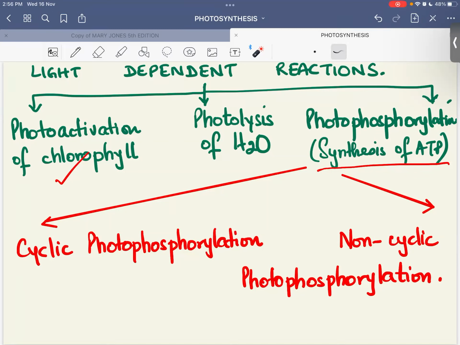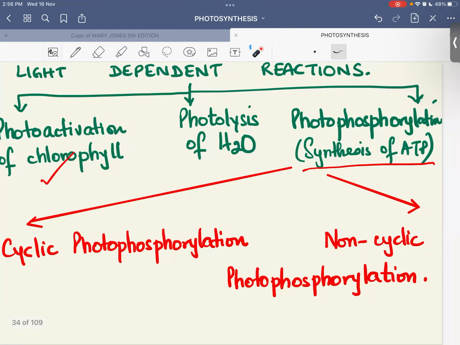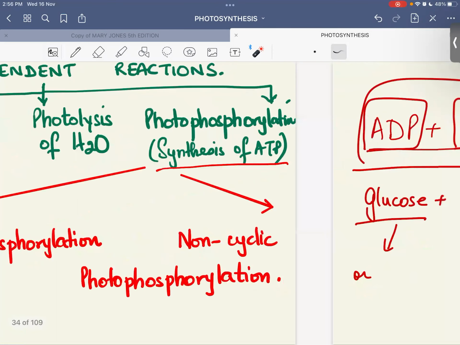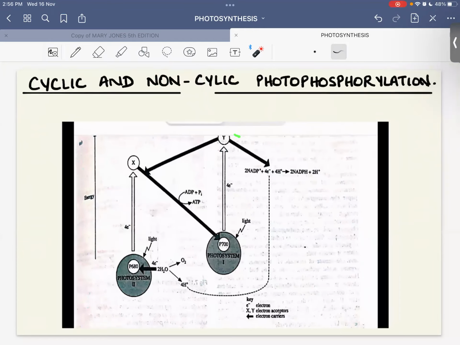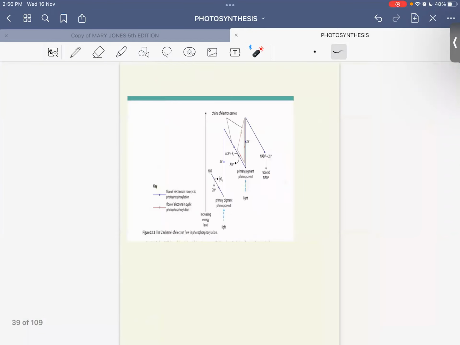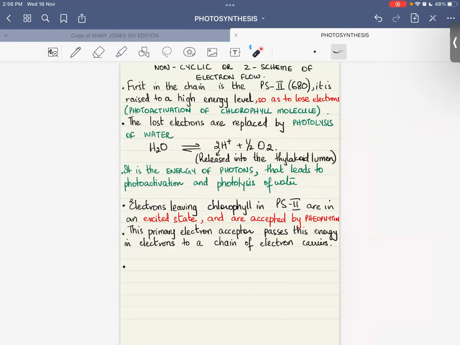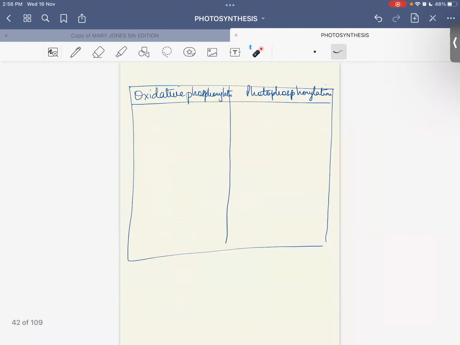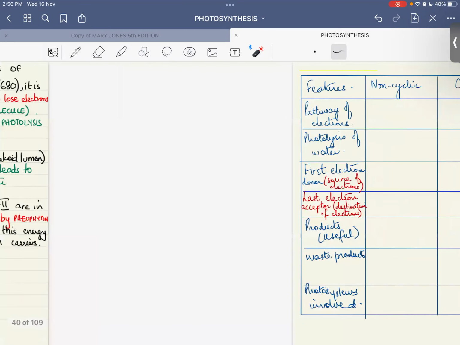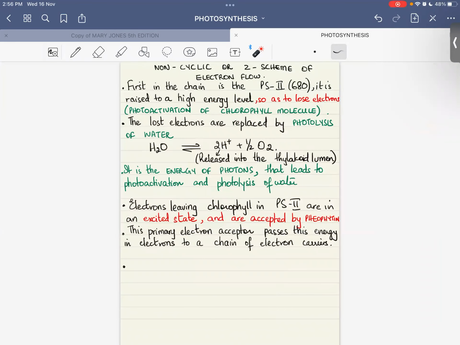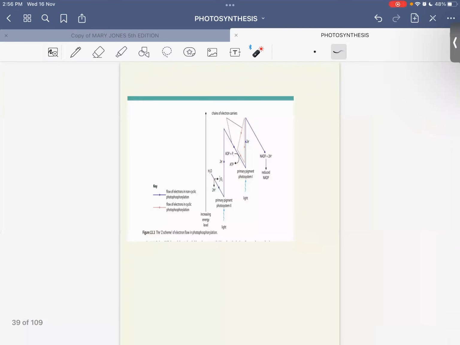We'll be doing photolysis and photophosphorylation today, right? अच्छा. In fact, ये दोनों हम साथ साथ ही करेंगे.